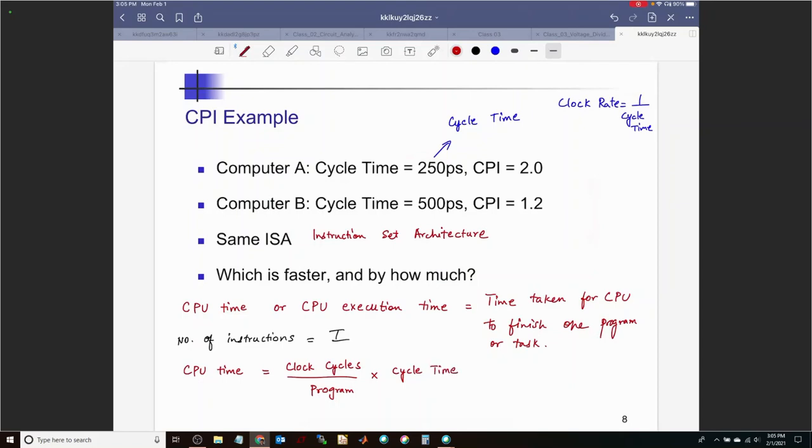Can I say that? These many clock cycles in a particular program, and this is the amount of time it takes for each clock cycle. So if I multiply the two, then I'm going to get the time taken for the CPU to finish one program.